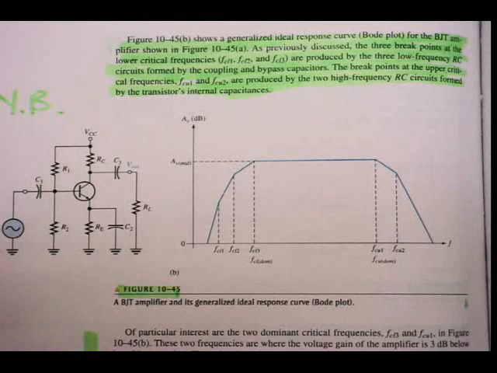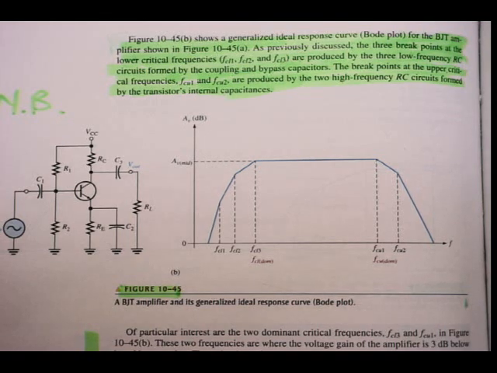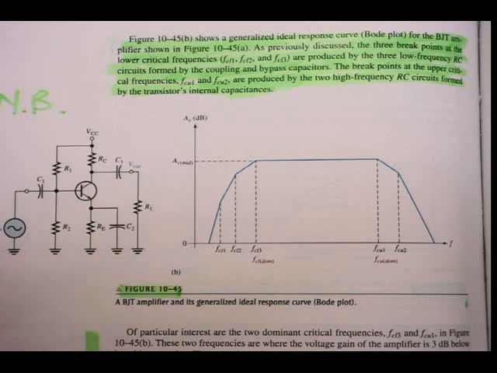Alright, figure 10-45 shows a generalized ideal response curve Bode plot for the BJT amplifier shown in figure 10-45A. As previously discussed, please underline all this. The three breakpoints at the lower critical frequencies FCL1, FCL2 and FCL3 are produced by the three low frequency RC circuits formed by the coupling and bypass capacitors.